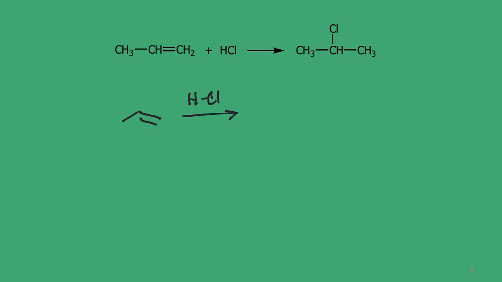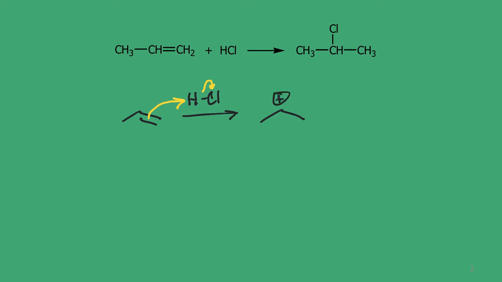It's called an electrophilic addition because the reactant, hydrogen chloride, is acting as an electrophile, and the alkene is acting as a nucleophile. So it's the pi electrons from the alkene that are donated to the electrophilic hydrogen of the hydrogen halide that ruptures the halogen bond and produces a carbocation.